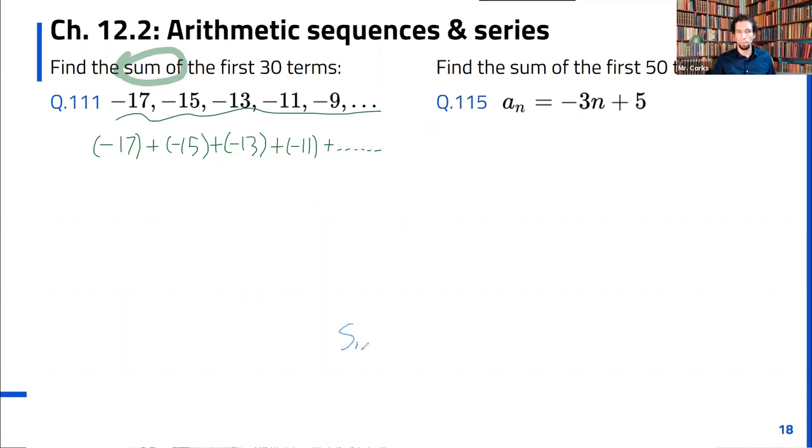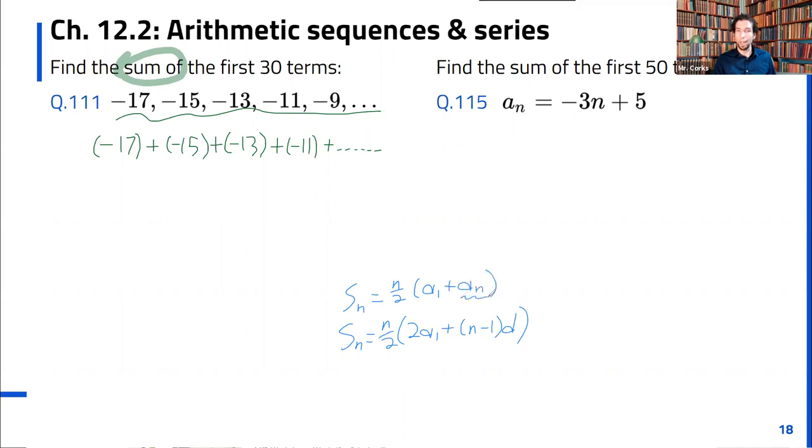Sn is equal to n over 2 multiplied by 2a1 plus n minus 1 times d. The other way of writing this is n over 2 times a1 plus an.